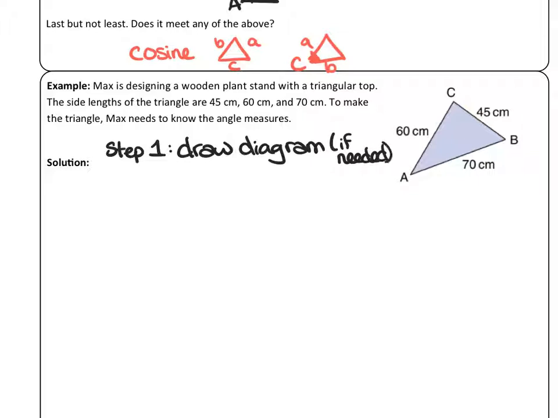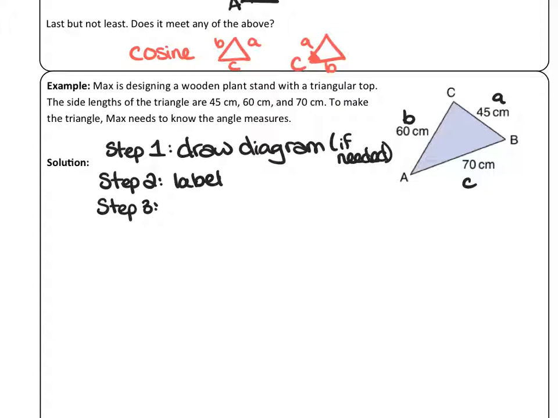We don't need to in this example, it's already given to us. So step 2, I always label is my one thing that I like to do. So across from angle A is side A, this is side B, and this is side C. So always label.